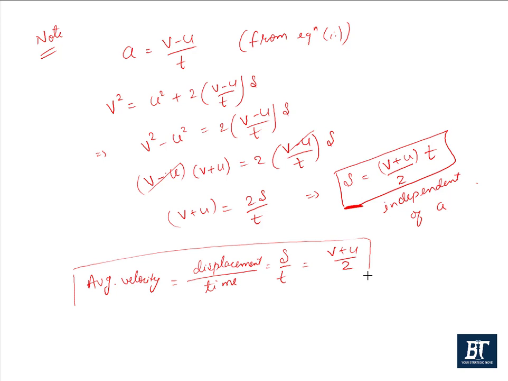So when a particle moves with a constant acceleration, its average velocity is equal to v plus u by 2.